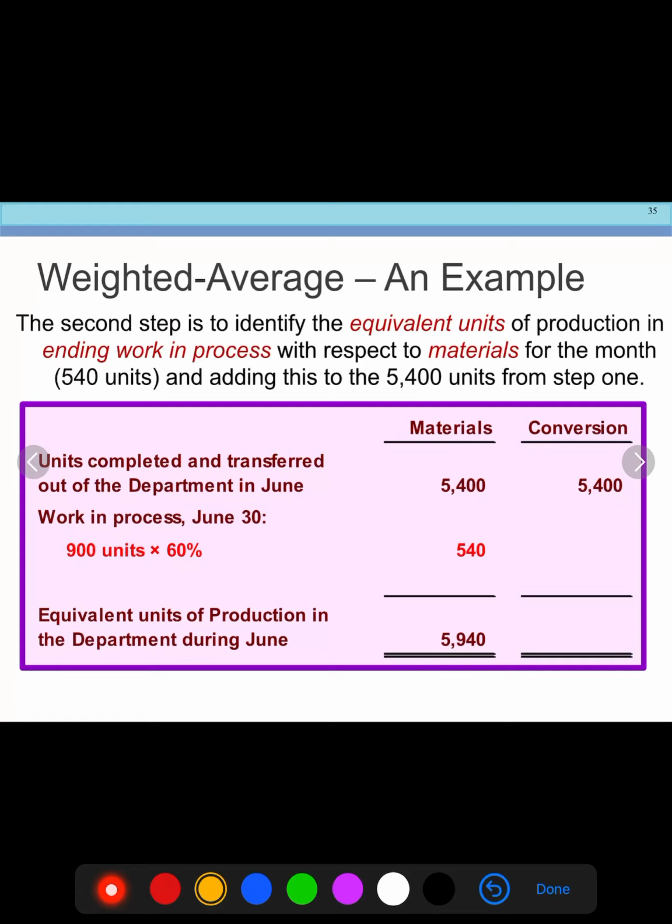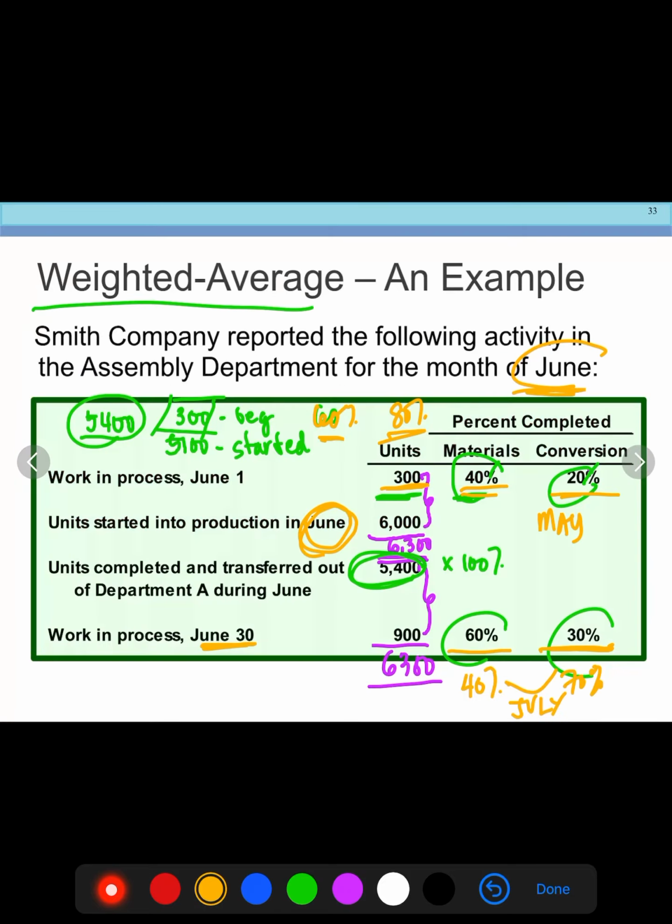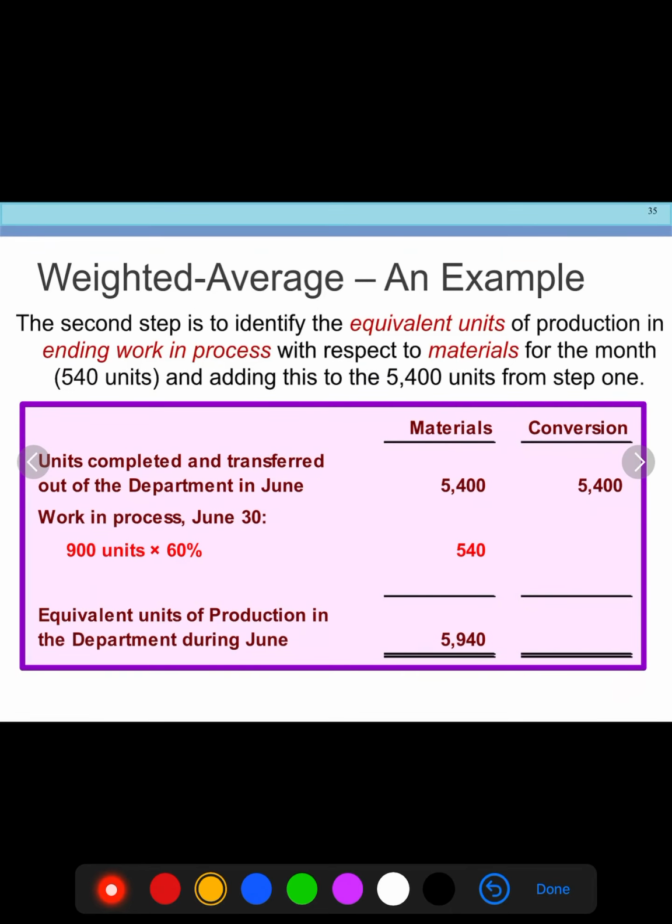Next, the second step is to identify the equivalent units of production in ending work in process. So based on our data, the ending work in process is 900. But since it is still in process, you are to consider the work done. Okay? So let's check. In terms of materials, it is considered to be 60% completed.